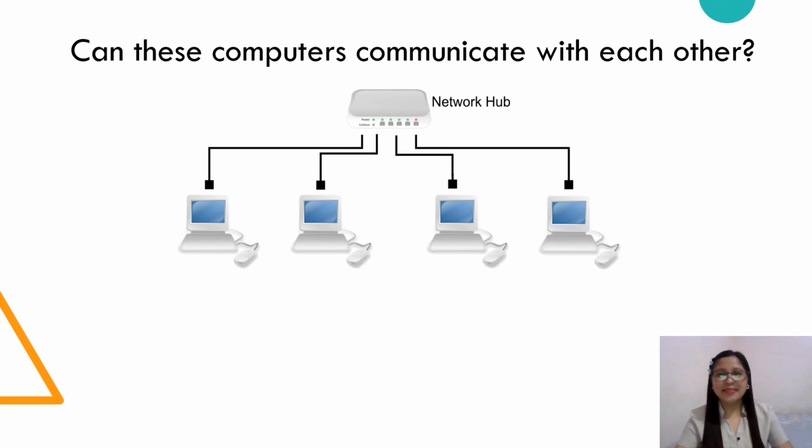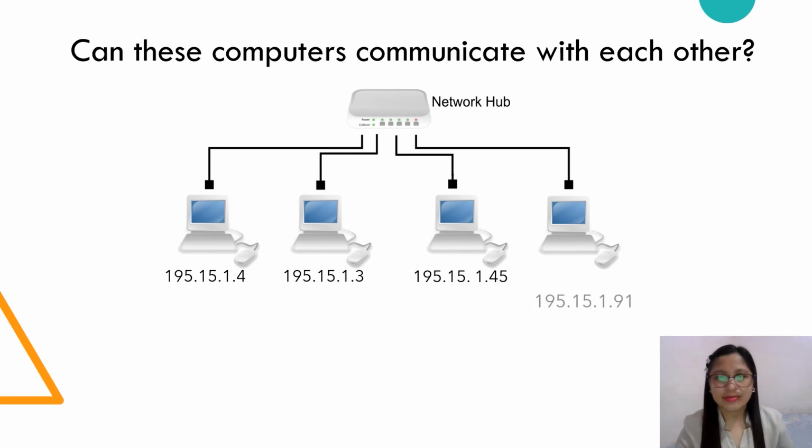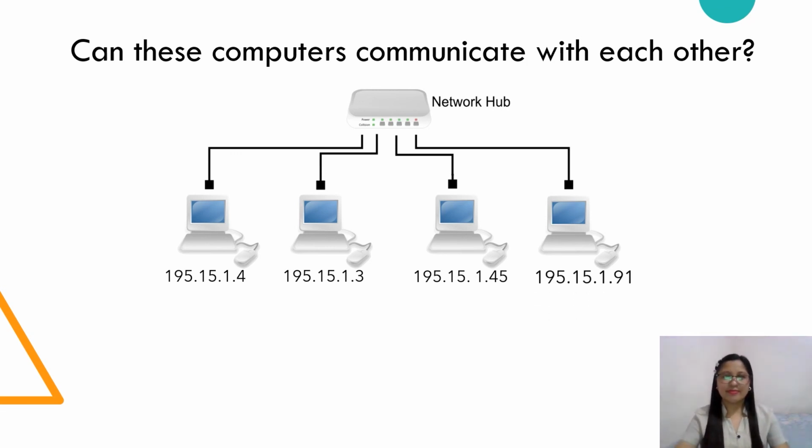I hope you understand. How about this one? Can these computers communicate with each other? Given the following IP addresses, all IP addresses are class C. Because the first octet is 195, it falls under class C. So they all have the same network address of 195.15.1.